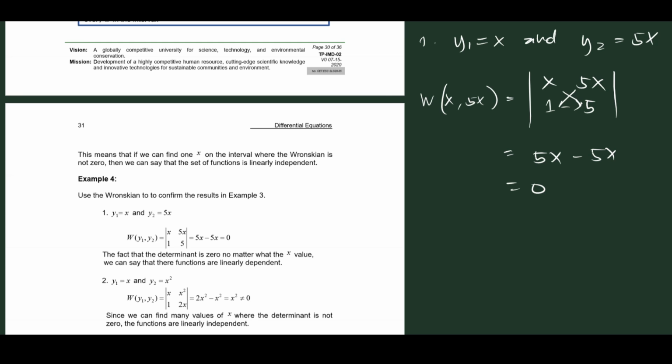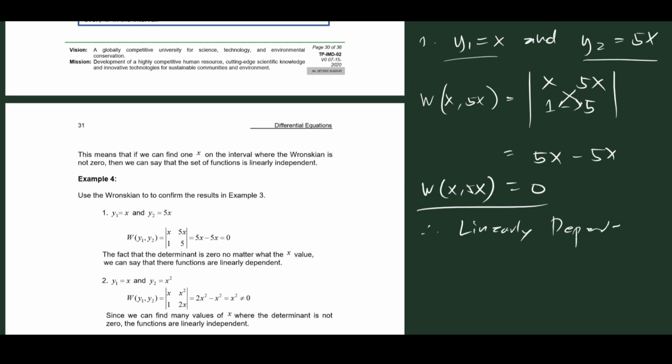No matter what x value we choose in the interval, the Wronskian of this particular set of functions, x and 5x, will always be 0. So that means this is linearly dependent.